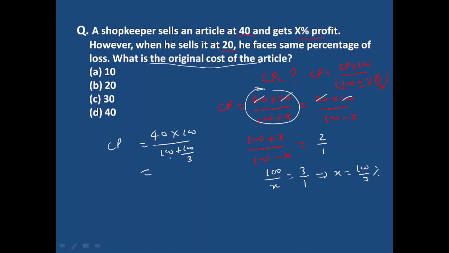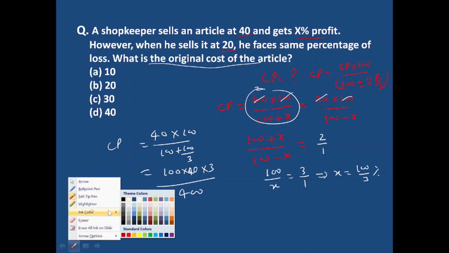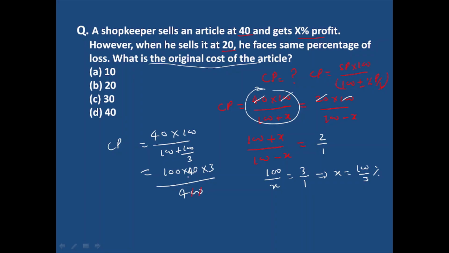Now if you simplify it, you will get 100 into 40 into 3 divided by 400. Double zero cancels out double zero, 4 cancels out 4. Then the total original cost of that article is 30 rupees. So this is the right answer.